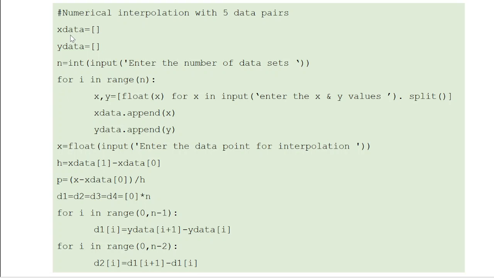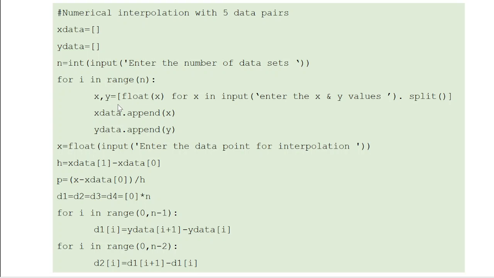So basically you need to create 2 lists of x and y values. So x data, y data, I am initializing as empty lists. Then I need to have the number of data pairs, which I am going to input as an integer, n equal to int input, enter the number of data sets. Then I am going to input the x and y values using a for loop.